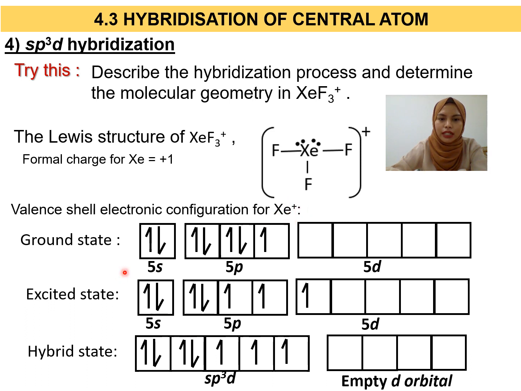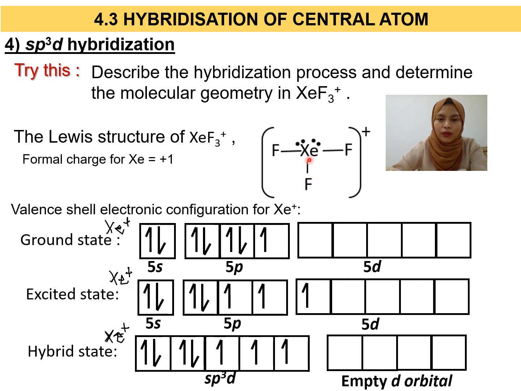So the ground state dia bukan Xe sahaja, the ground state dia akan jadi ground state of Xe plus, okay, excited state of Xe plus, dan juga hybrid state of Xe plus. Okay, and then since Xe dia berada period yang kelima, that's why Xe ni pun dia boleh extendkan dia punya orbital sampai D. Okay, so you just act accordingly.